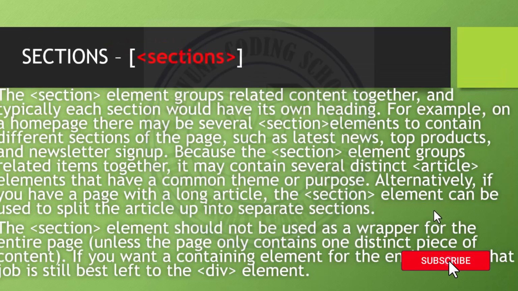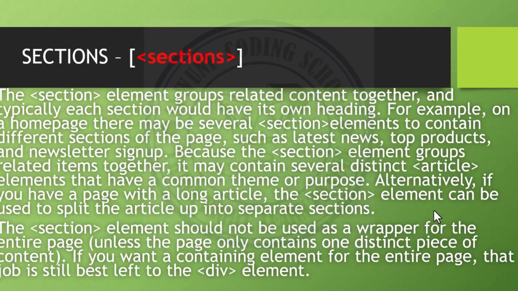Sections. The section element groups related content together, and typically each section would have its own heading. For example, on the home page there may be several section elements to contain different sections of the page, such as latest post, top products, new releases.